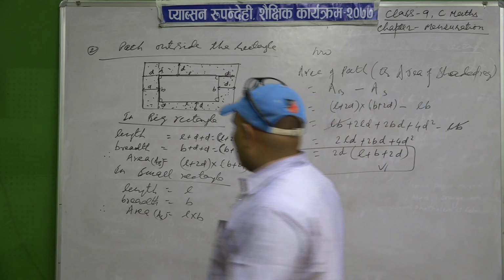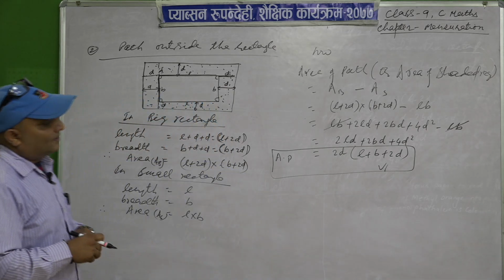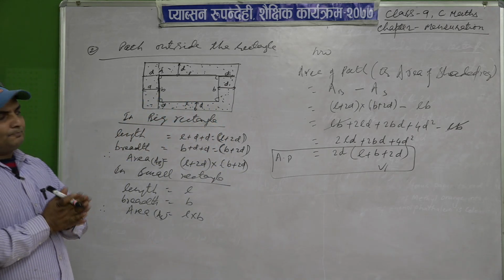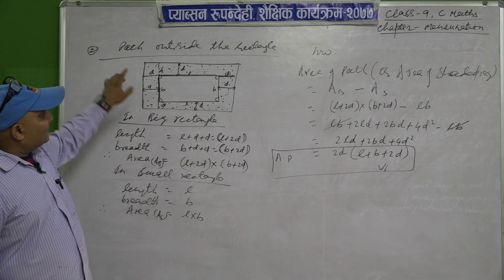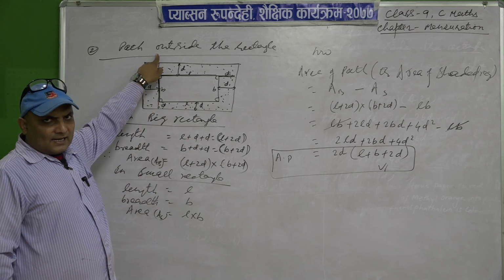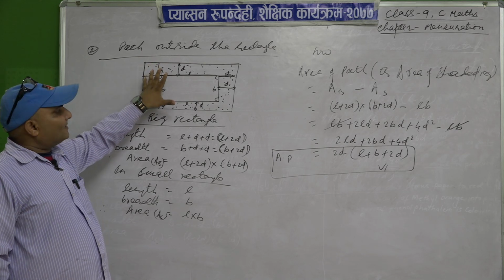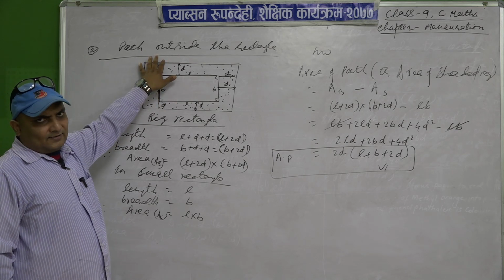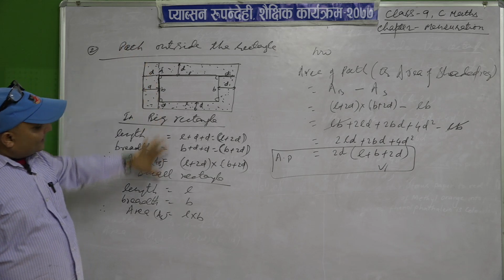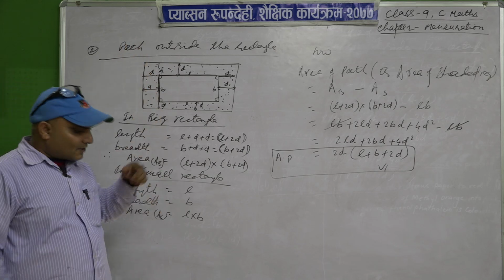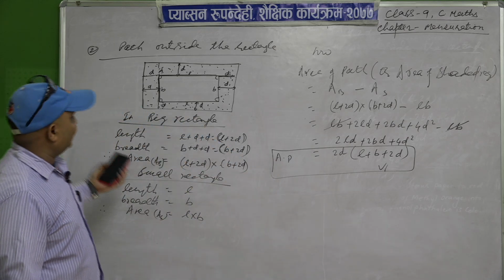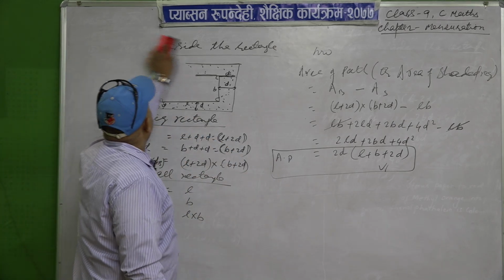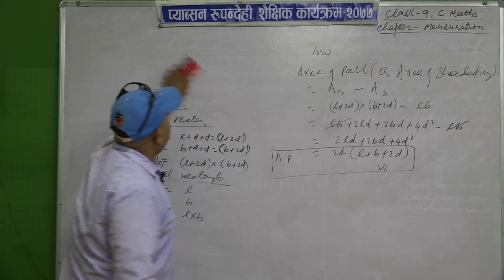Now we are going to derive another formula. We have done three questions, the shaded region inside the rectangle or outside the rectangle, and we have made a direct formula. Now we are going to make one for the cross path, the area of the cross path.